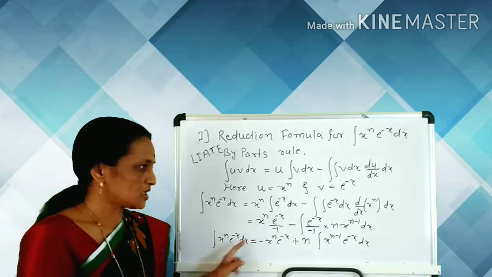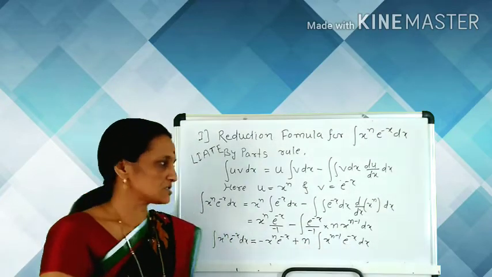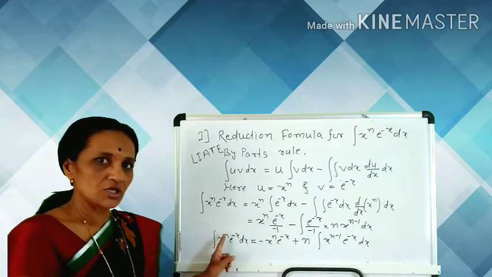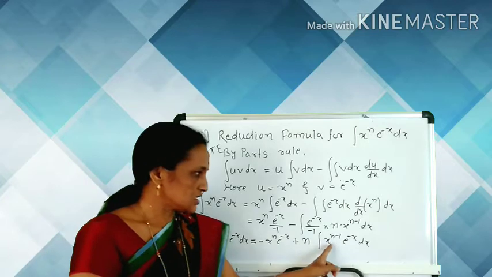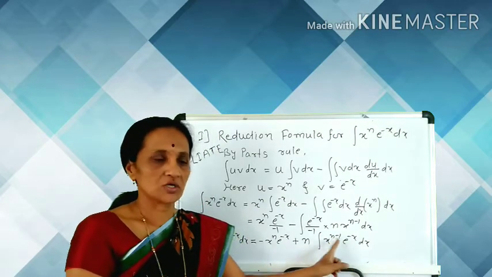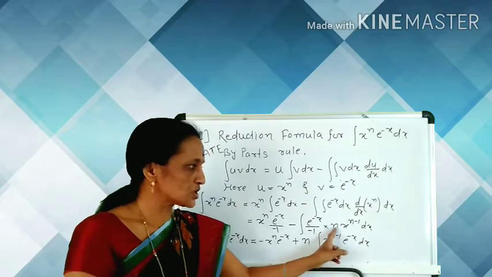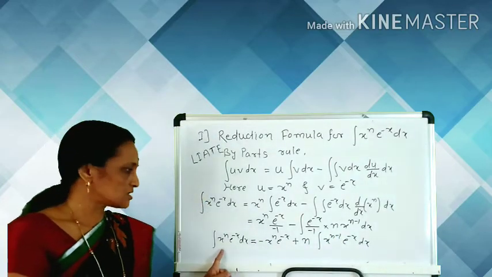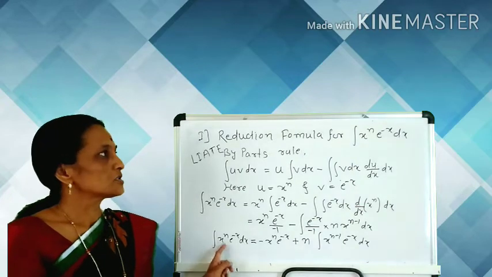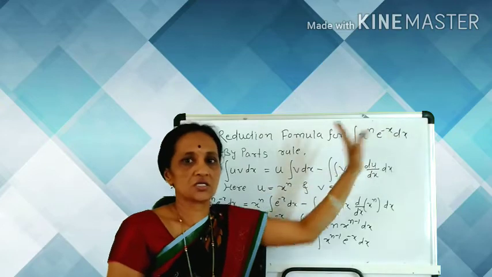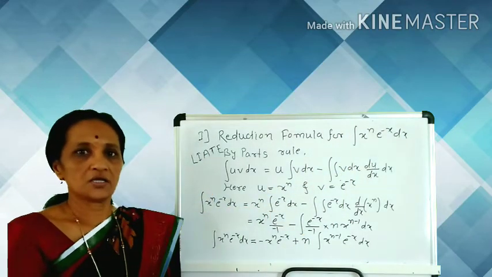Here is the e raised to minus x, here is also the e raised to minus x, but in your formula x raised to n is present, but in this integral x raised to the power n minus 1, means the power is reduced here, and so we say that this is a reduction formula for your given function x raised to the n e raised to minus x multiplied by dx.